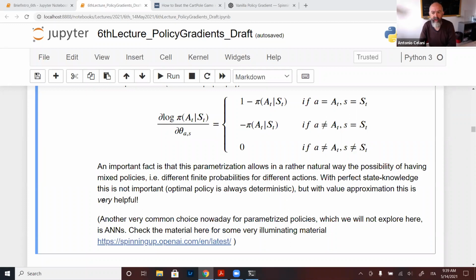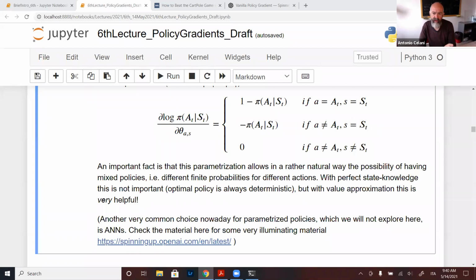On the other hand, what the first two equations are doing is that if you pick an action capital A_T, then you're giving credit with a plus sign to that action, because 1 minus pi is positive, and negative credit to all other actions. Then the actual sign depends on the prefactor, that is the quality or the advantage.